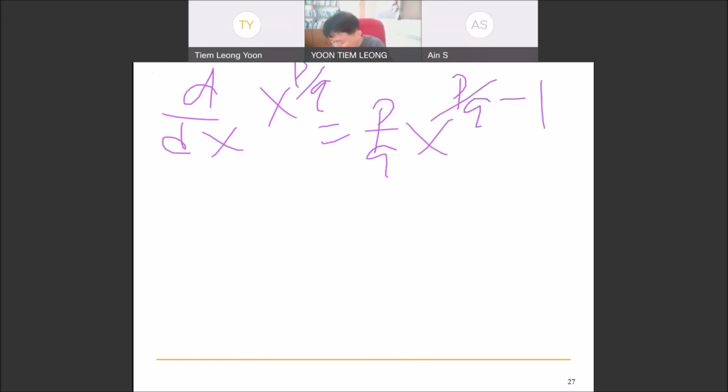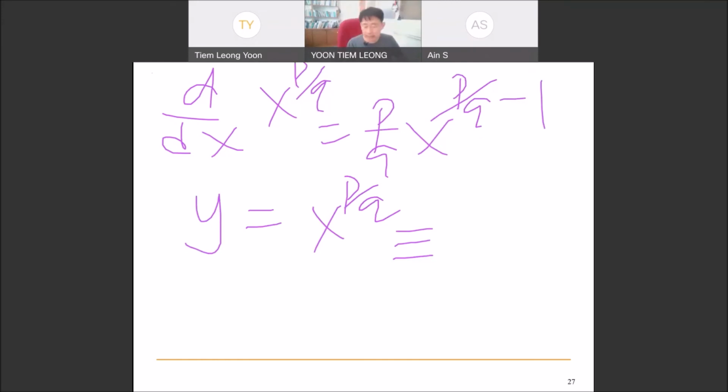Now to prove that, you have to start from an understanding that if you write down the statement y equals x^(p/q), now this is equivalent. Okay, this is equivalent. The three-line symbol here means in mathematical language equivalent. Equivalent means exactly the same.